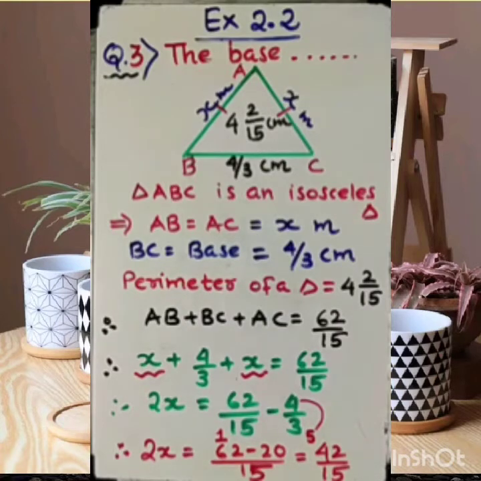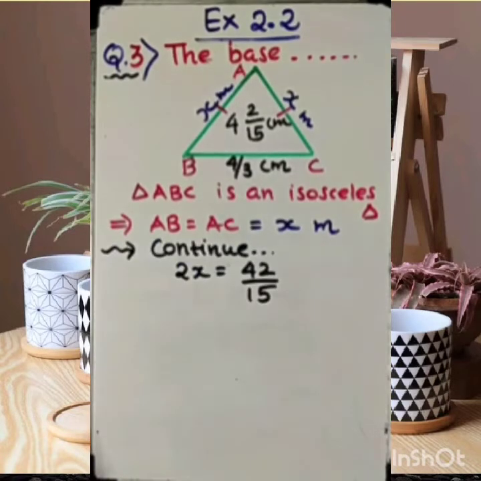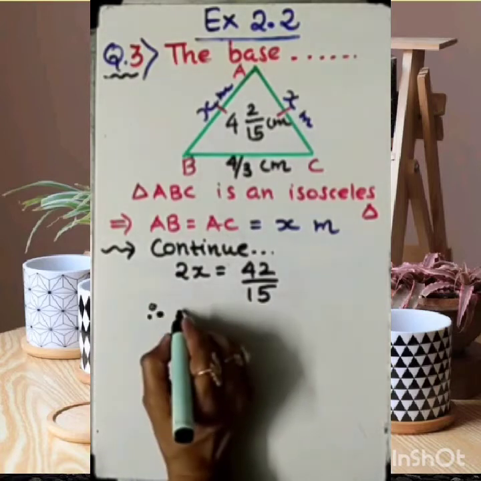Fine. So dear student, the equation in its general form will become 2x equal to 42 by 50. Let's solve further. So you can see here 2x equal to 42 by 50. Fine. So dear student, let's simplify.